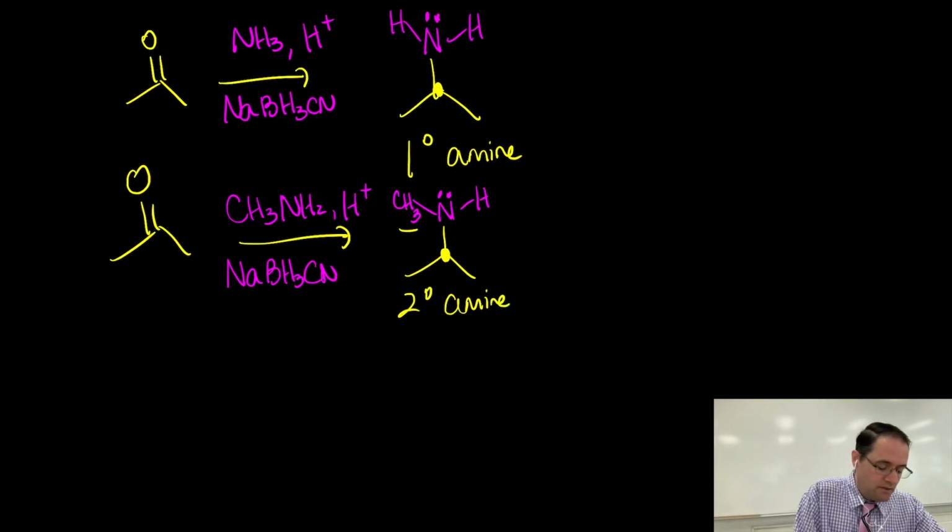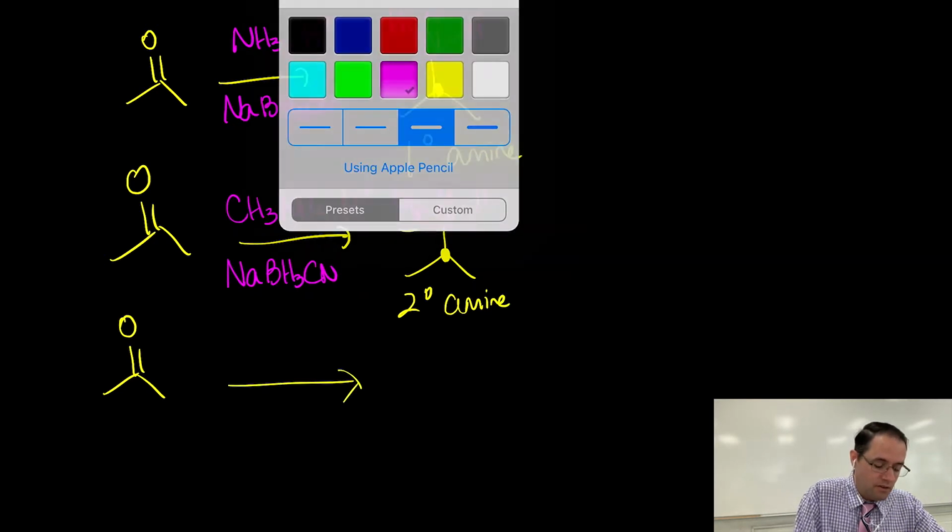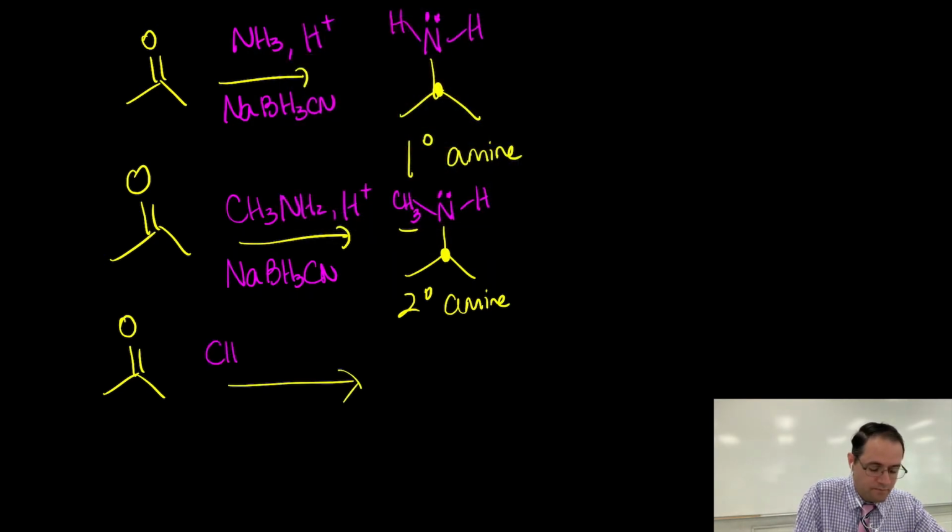And you guessed it, if we take a ketone like acetone and we treat this with dimethylamine, with acid catalyst and sodium cyanoborohydride, we will be able to create a tertiary amine.